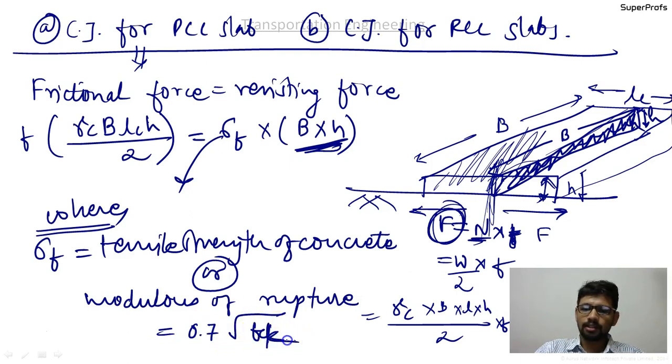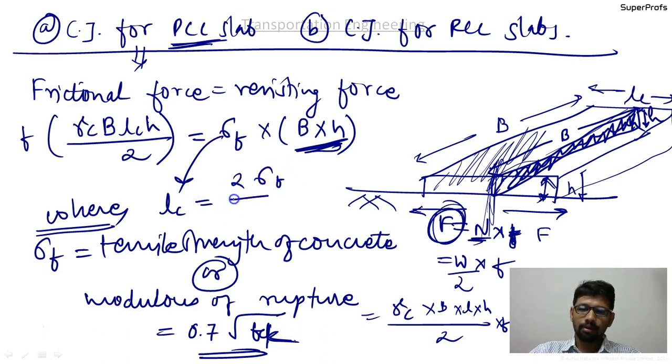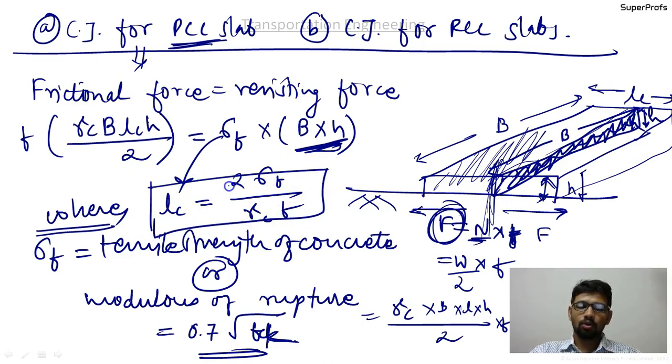This was the case for PCC slabs, the plain cement concrete, and based on this you can find LC will be given as 2 sigma f upon gamma c small f. So this is the spacing of contraction joint for plain cement concrete slabs.